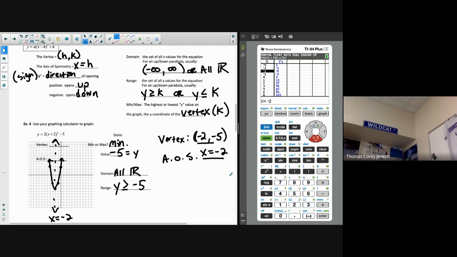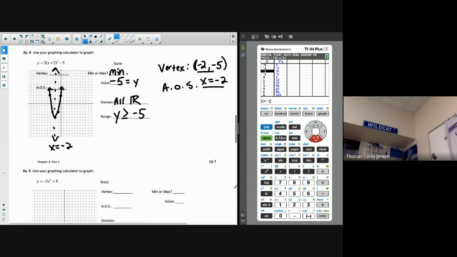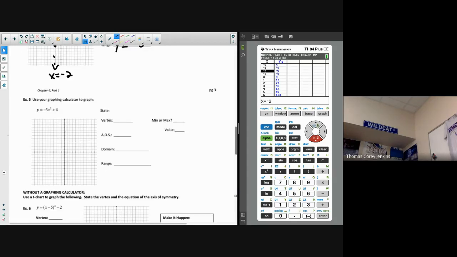Okay, so lots goes into these. You're going to use your technology, and then you're going to use your knowledge of transformations in order to come up with all this information. This is a really important lesson. I'm going to leave this one for you guys. You can check it on the filled out notes.